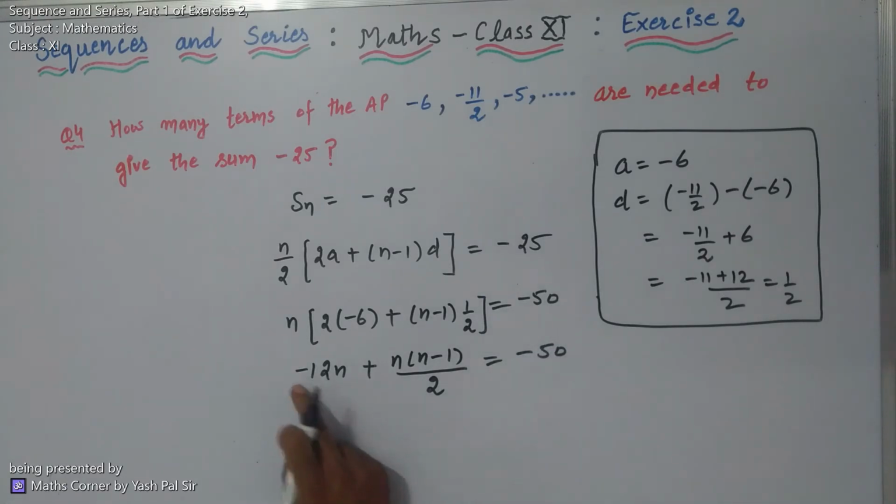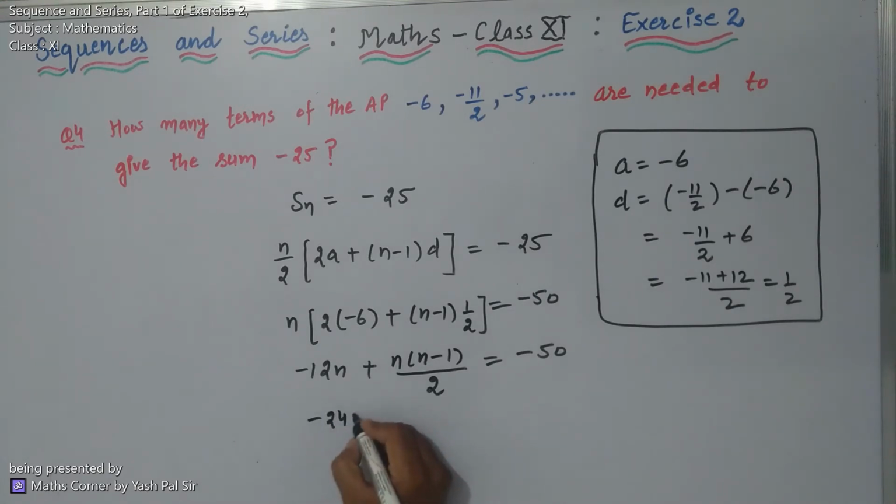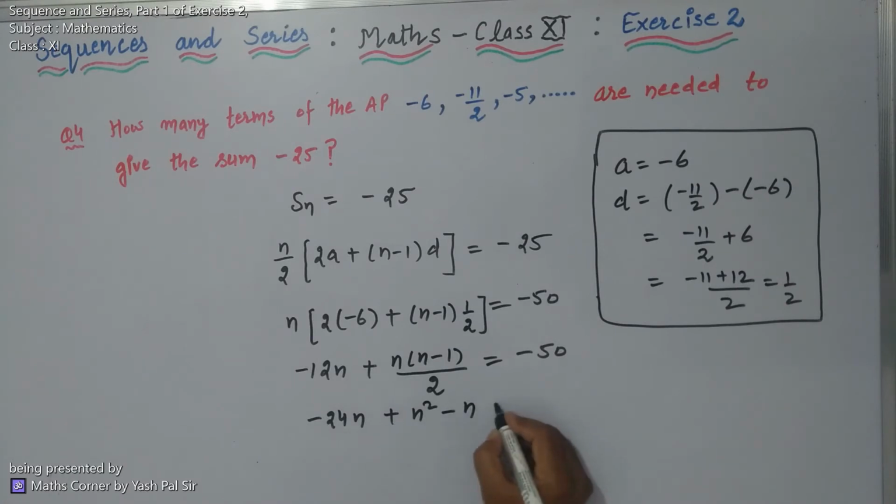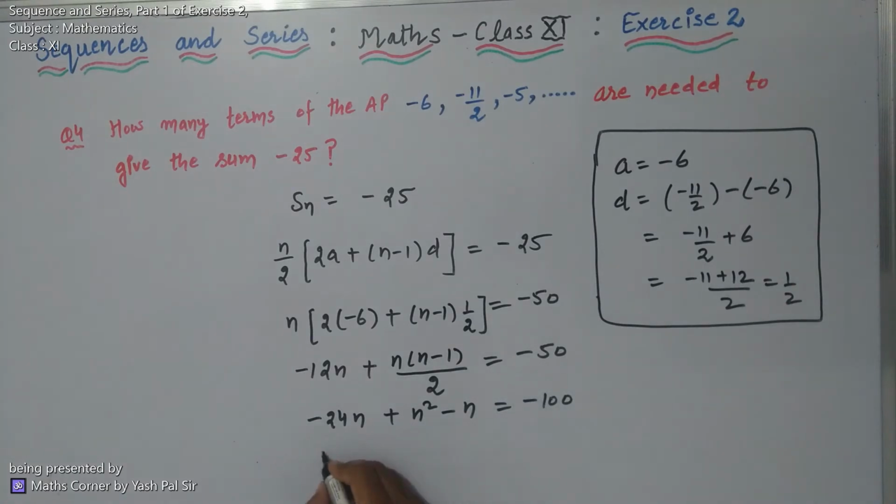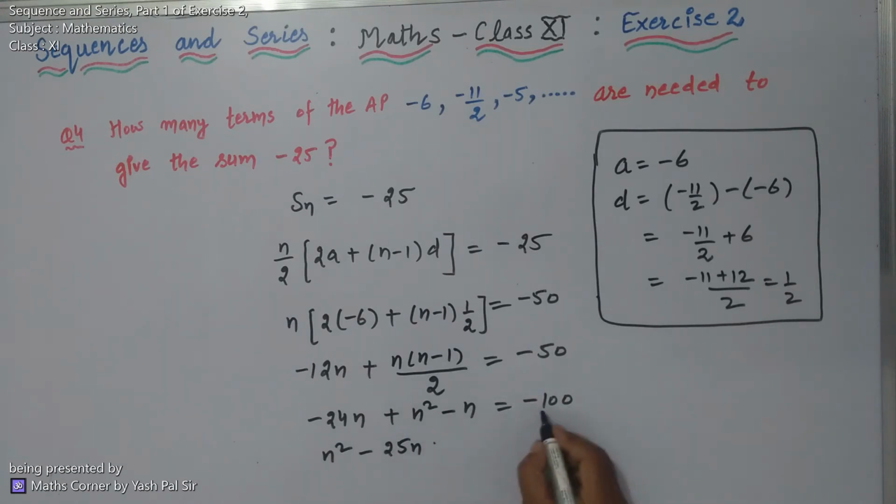So this becomes, multiplying throughout by 2, minus 24n plus n square minus n is equal to minus 100. So this means n square minus 25n plus 100 is equal to 0. Right?